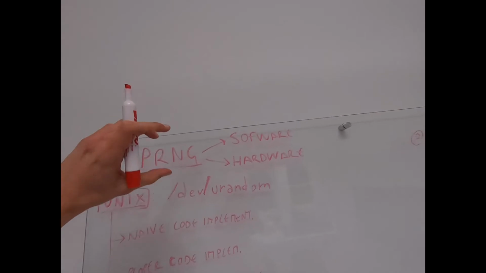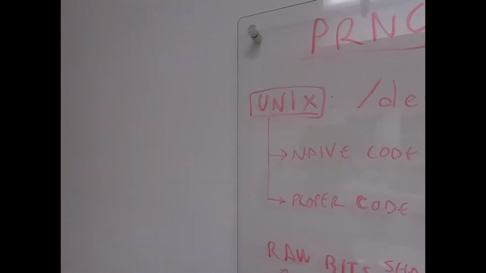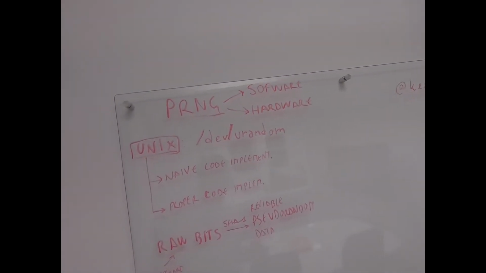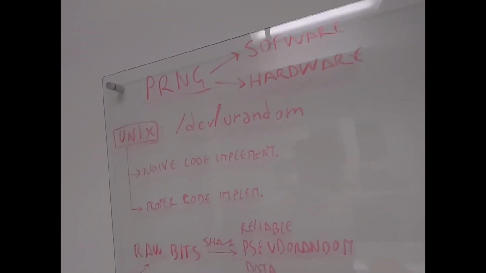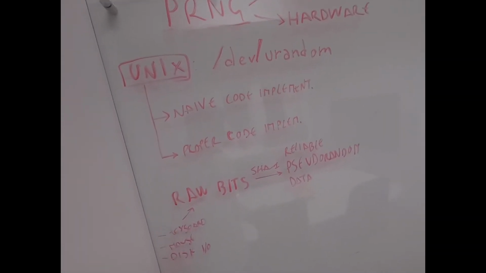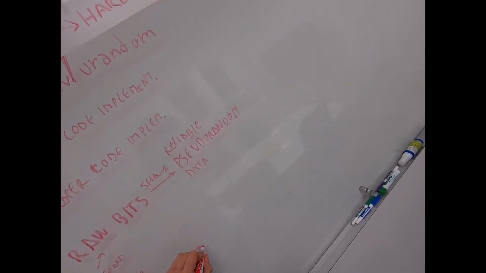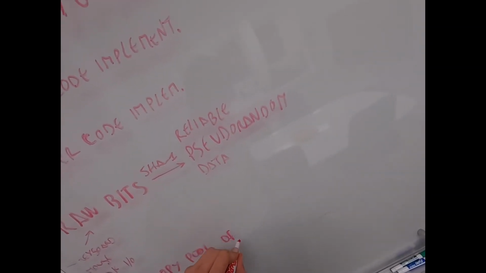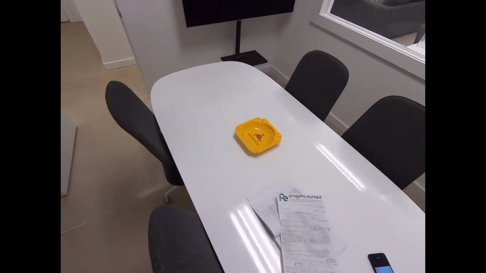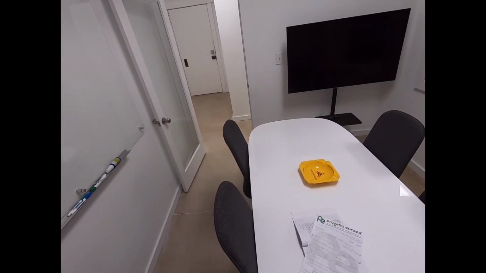This Unix implementation of the pseudo-random number generator also has an entropy pool, and that is an entropy pool of 512 bytes.